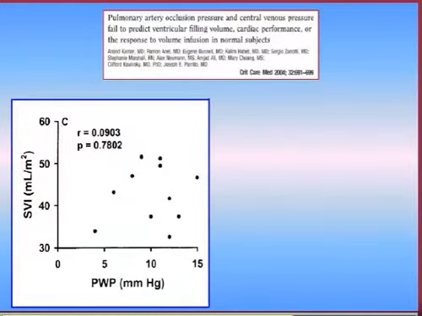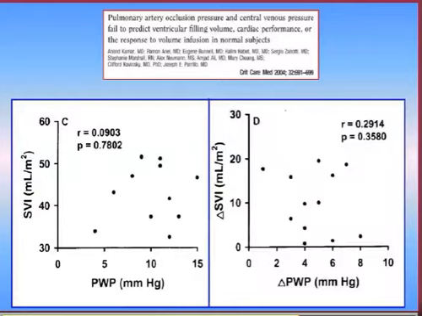And in this very nice study by Kumar and co-authors, the investigators gave fluid to normal subjects, and they measured wedge pressure, CVP, volume, etc. They did not find a very good correlation between wedge pressure on the x-axis and stroke volume index on the y-axis. They did not find any correlation between the changes in wedge pressure and the changes in stroke volume.